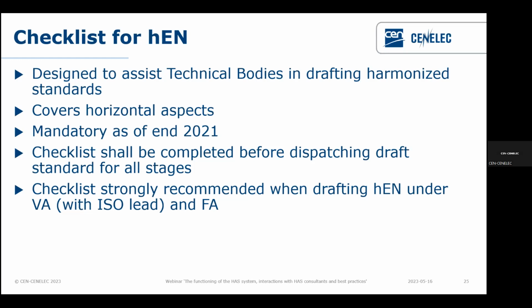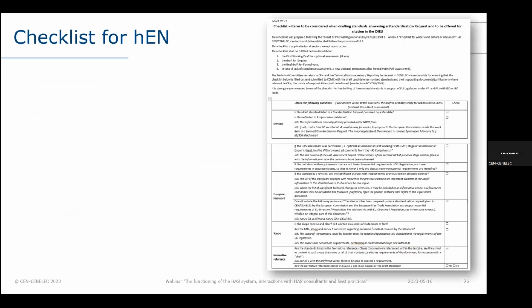It was made mandatory as of the end of 2021 and shall be delivered together with the draft and annexes for any assessment requests at any stage. The checklist for harmonized standards is mandatory for homegrown harmonized standards, and it is strongly recommended for projects under the Frankfurt Agreement. So this is how the actual checklist for harmonized standards looks like.